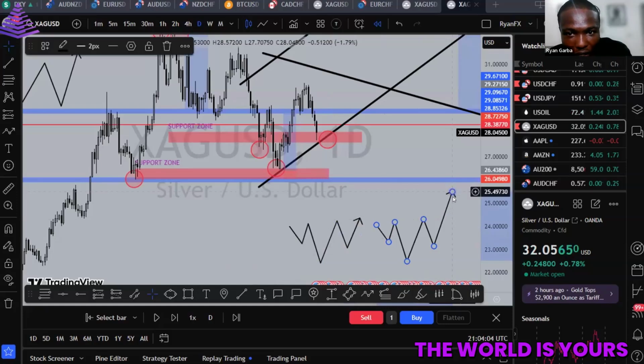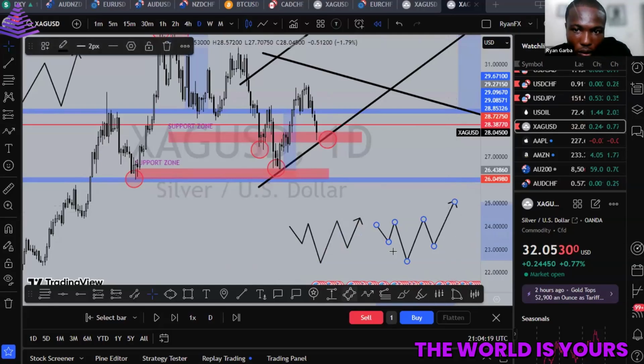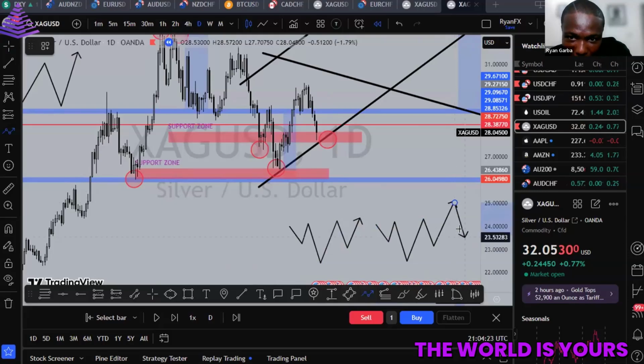Price can come and retest this, and then move higher.